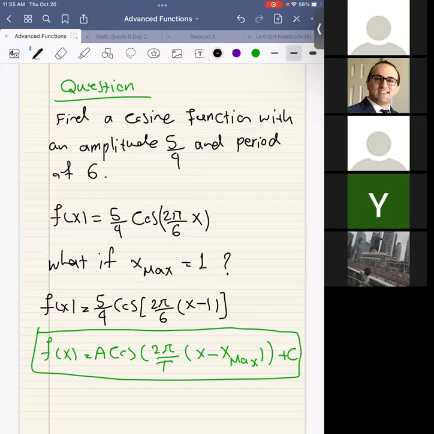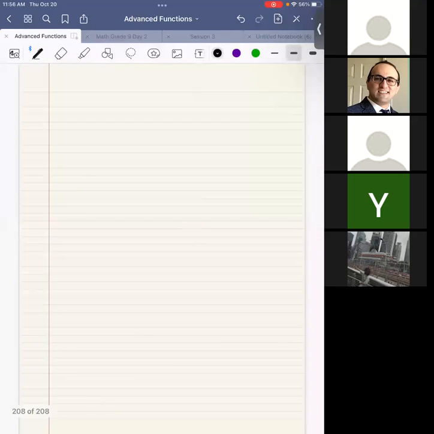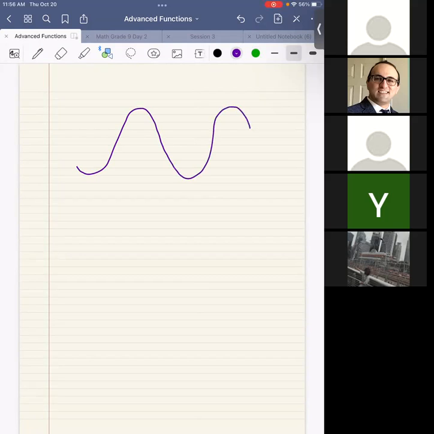Still a bit confused. About what part? The maximum, like, what x maximum means? So x of maximum means, in this picture, if you have a cosine or sine function, Oh, like the highest point. Oh.